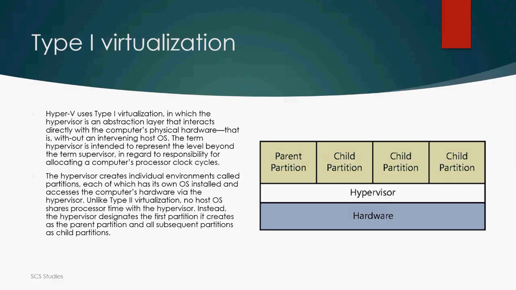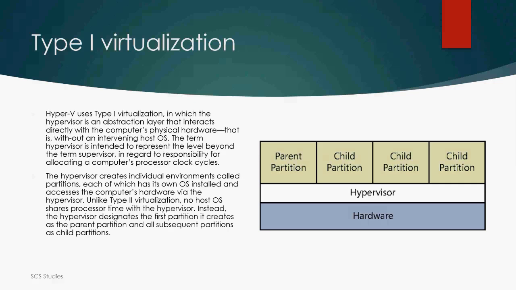So now let's learn about type 1 virtualization. We have learned about type 2, and what is type 1 virtualization? Hyper-V uses type 1 virtualization. Whenever you install Hyper-V, it enables type 1 virtualization, in which the hypervisor is an abstraction layer that integrates directly with the computer's physical hardware.